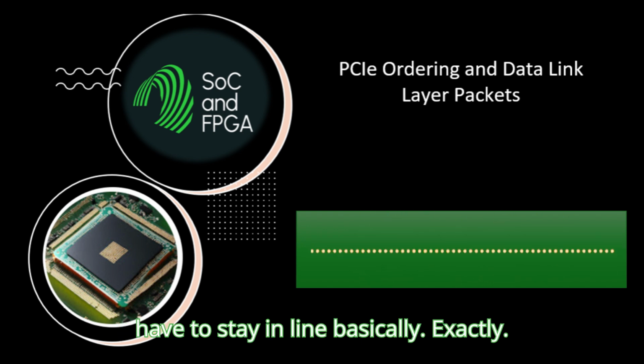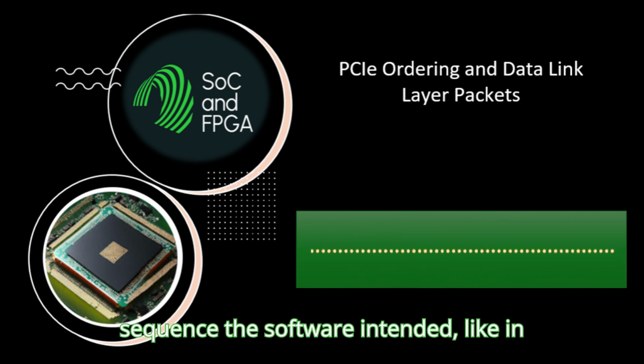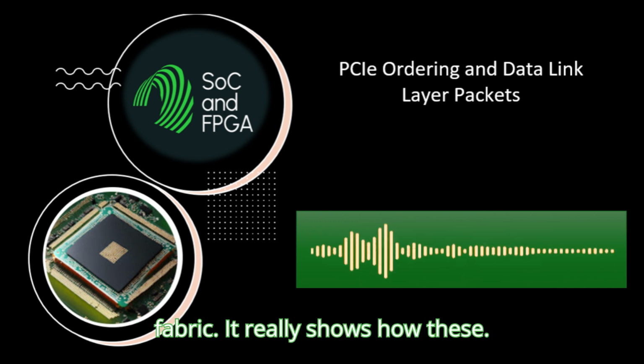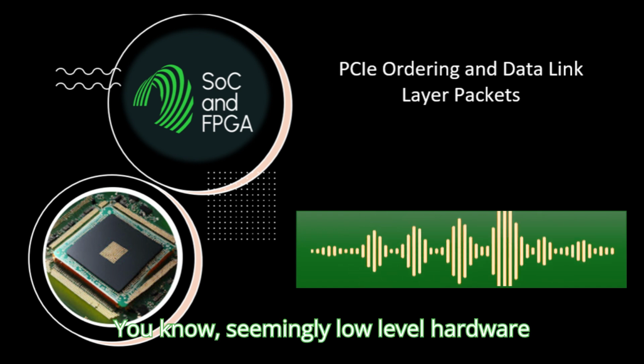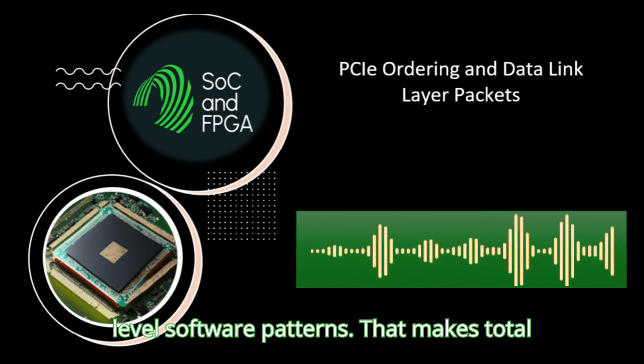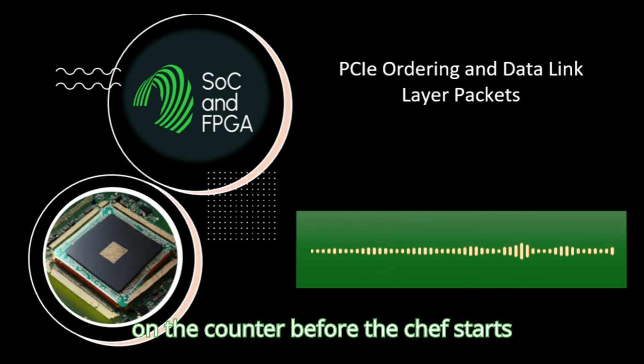So they have to stay in line, basically. Exactly. That hardware enforcement guarantees the sequence the software intended, like in our producer-consumer example, is maintained all the way through the fabric. It really shows how these seemingly low-level hardware rules are critical for supporting high-level software patterns. That makes total sense, like ensuring the ingredients are on the counter before the chef starts cooking.